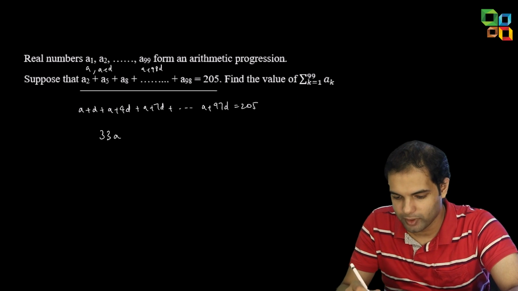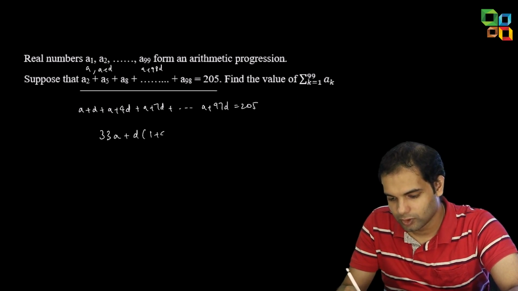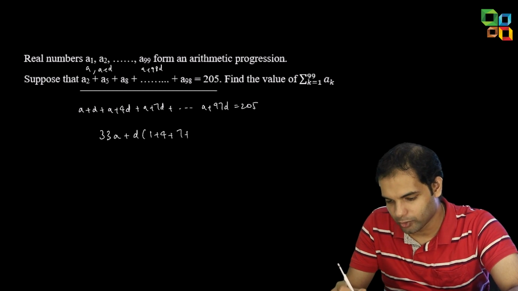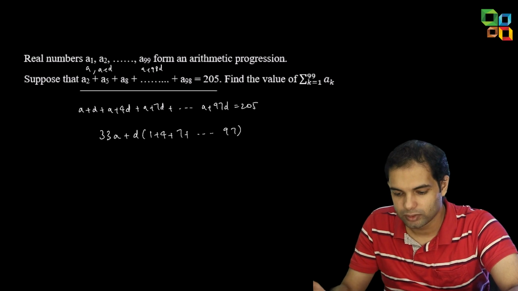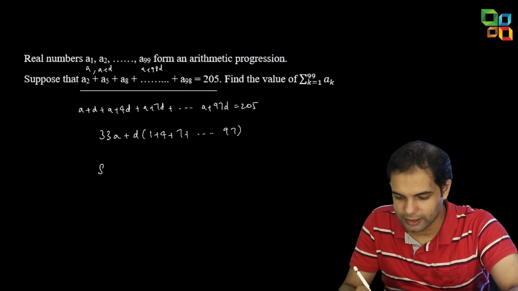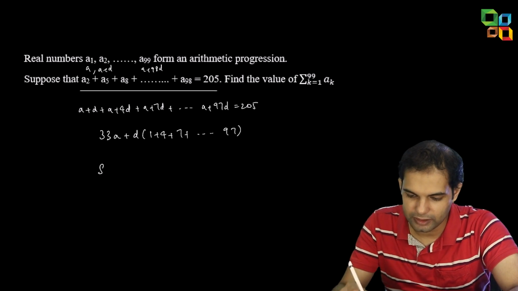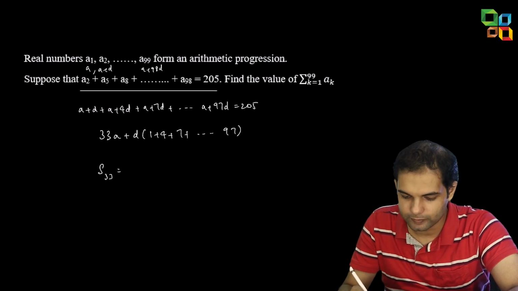What about D? In D also there is a pattern: 1, 4, 7, 10. It's another arithmetic progression, so you have to add these terms. Here directly you can use the Sn formula. Now we know there are 33 terms, so instead of Sn, I'll put S33.